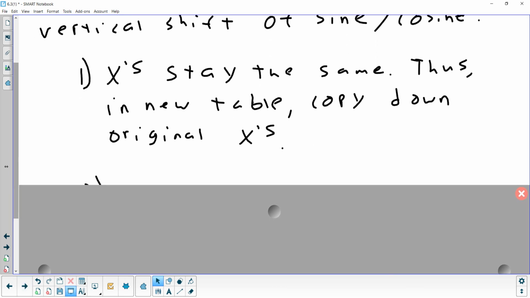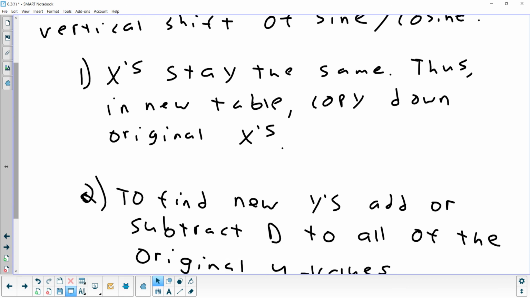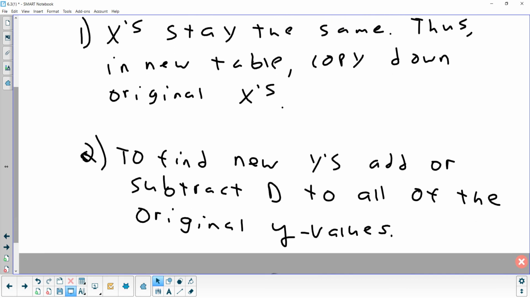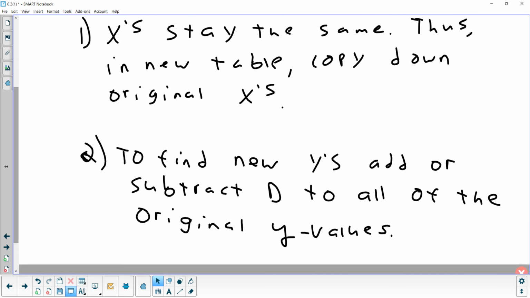If the x's are staying the same, the y's are going to change. All you have to do is take whatever you had for your d value and add or subtract it to the original y's. If you had a plus 2, like this, you don't need to put parentheses around the x.